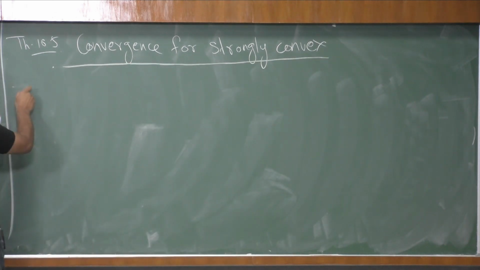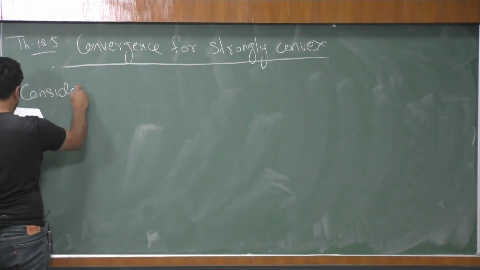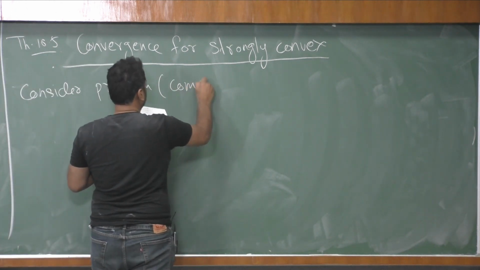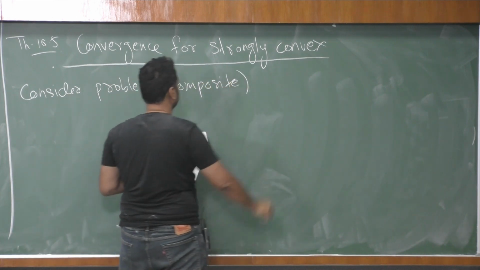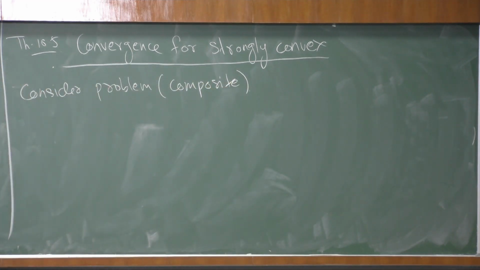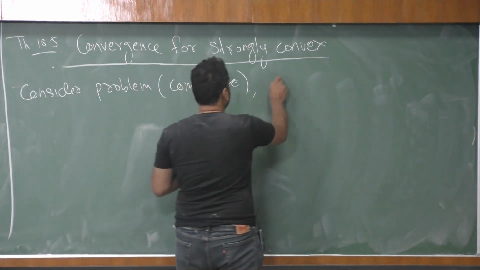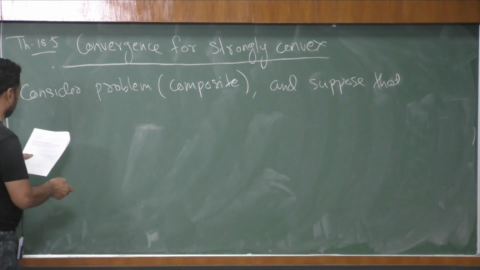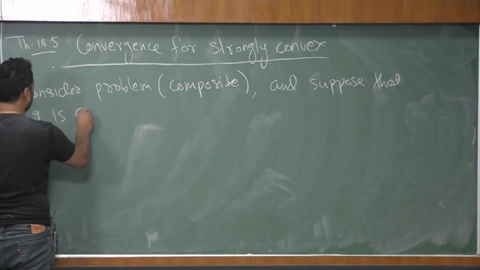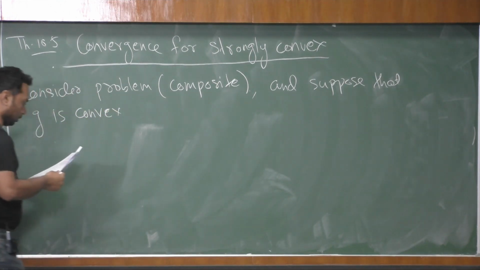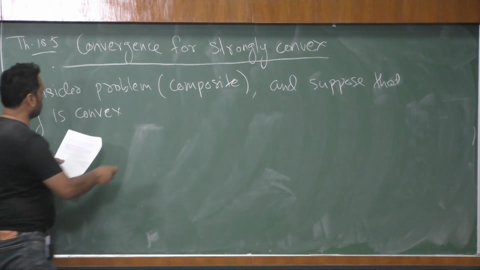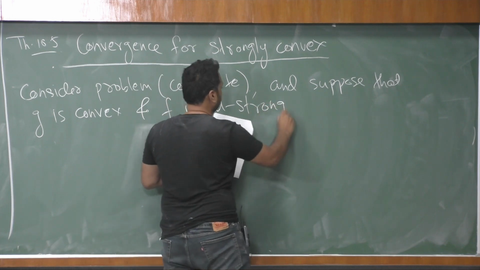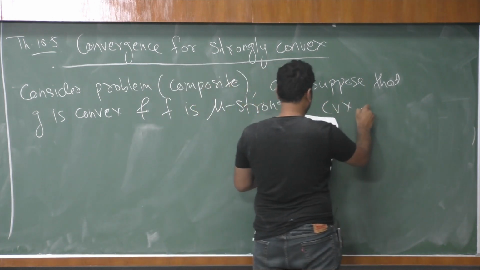So the theorem statement says consider the problem which is again the composite, of the form f plus g, f differentiable and g non-smooth, and suppose that g is convex and f is mu strongly convex and L smooth.